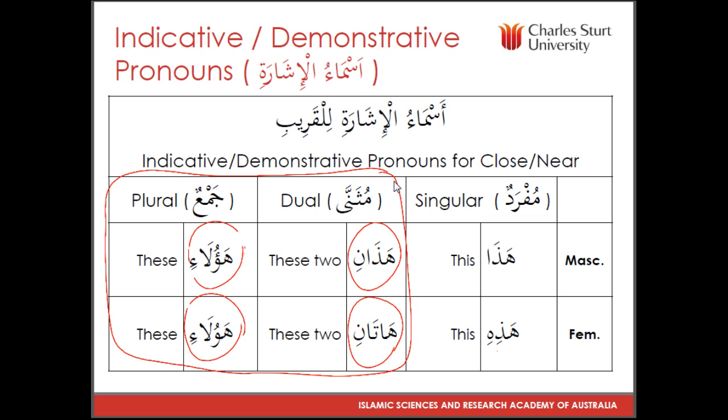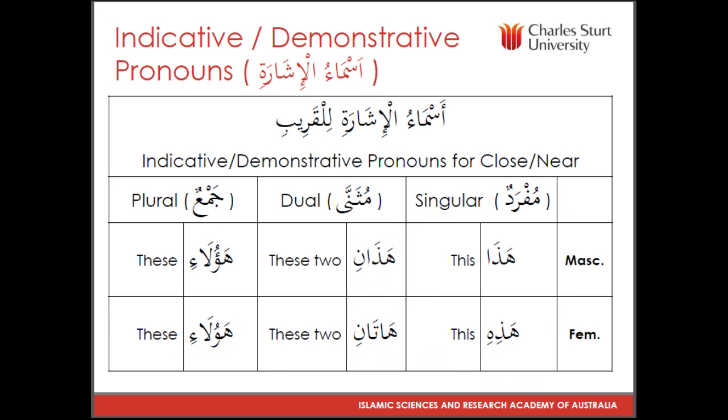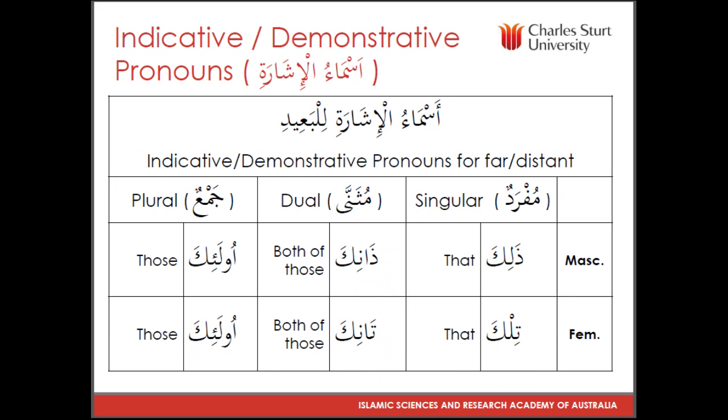We are not covering dual and plural forms today, but to have an idea, the plural of ذلك is أولئك. The dual part is not common at all in Arabic, but it is mentioned in the Quran.